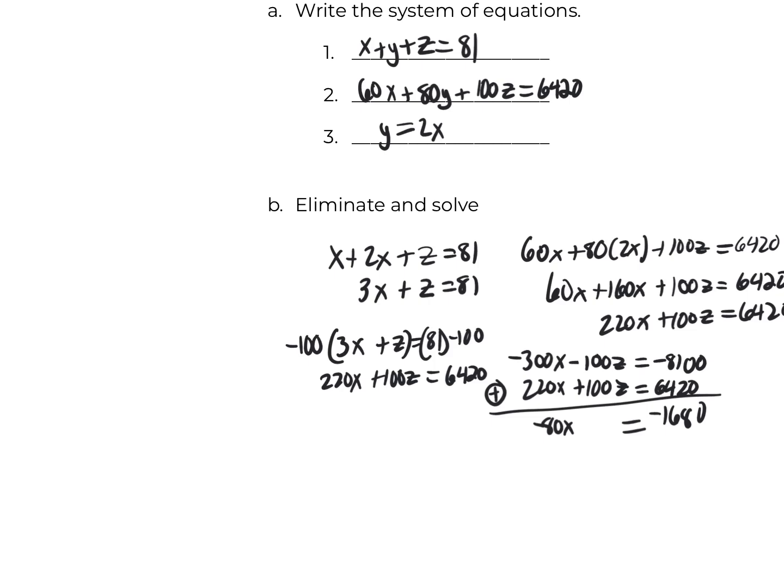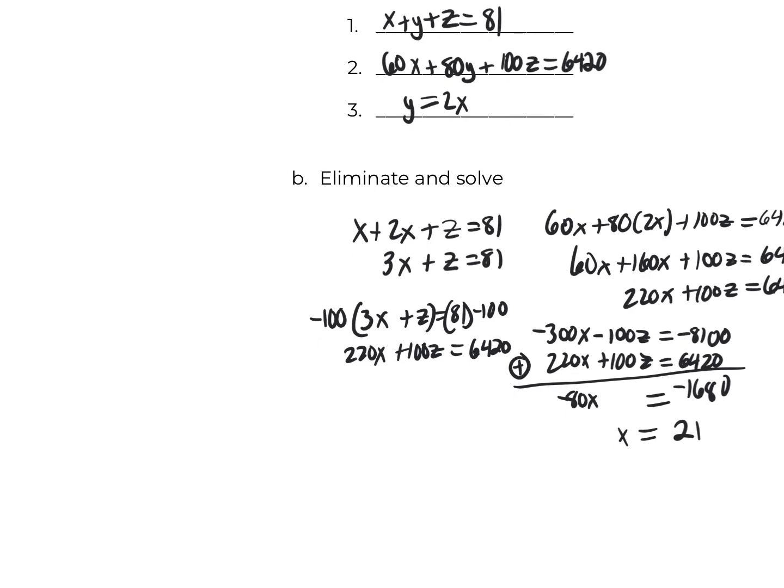Then divide that by negative 80. Gives me 21. So I've gotten x by itself. I got that x is 21. So now I'm going to go back a step. Go back to either one of the equations that had two variables.